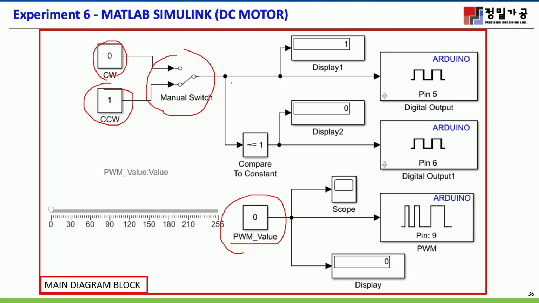Okay, for clockwise we have to set this one. Pin input 1 is 1. What is 1? 1 is active, the digital output signal.